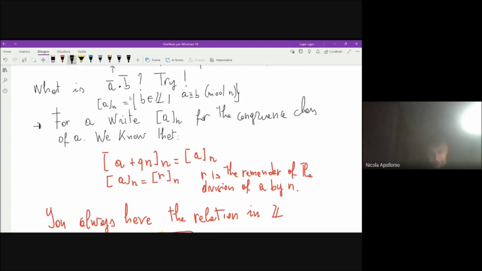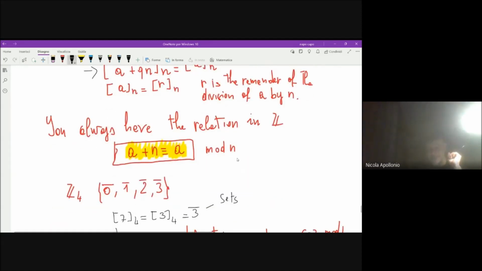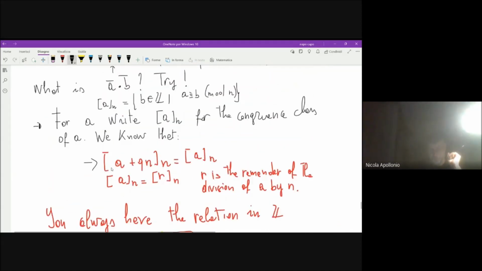Once we have understood this symbol, we can easily deduce a generalization of what we noticed here. The equivalence class of a plus a multiple of n modulo n is the same class as the class of a.